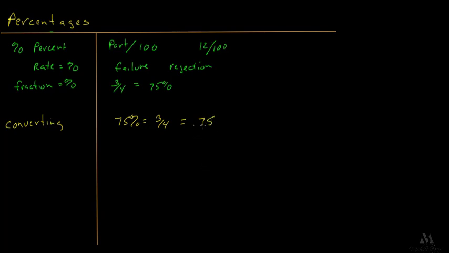Now you'll notice the difference between 0.75 and 75 is the decimal point. So if we have a decimal number, to get percentage, we simply have to move over the decimal point 2 places to get 75.